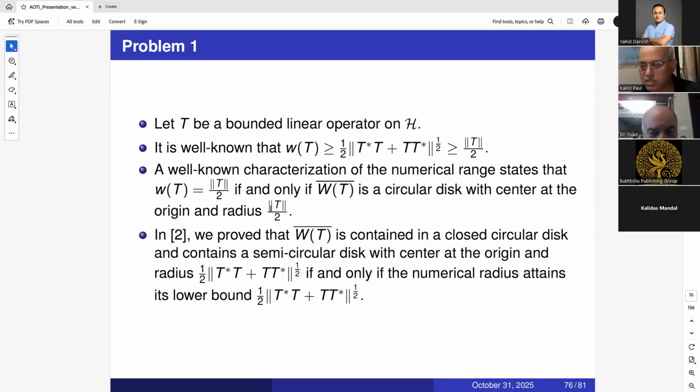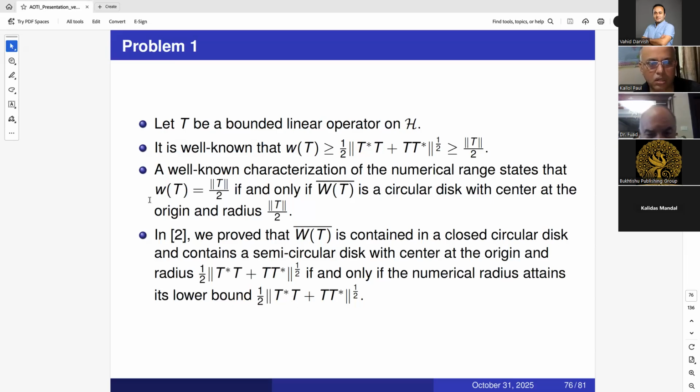For young scholars, if you want to look at the proof of these results, you can look at the book by Gao and Hu, Numerical Ranges. There is a very nice book by Gao and Hu. I'll show you in the references. So the question is, we have proved that the closure of W(T) is contained in a closed circular disk and contains a semicircular disk with center at the origin and radius this, if and only if the numerical radius attains its lower bound, half of this.